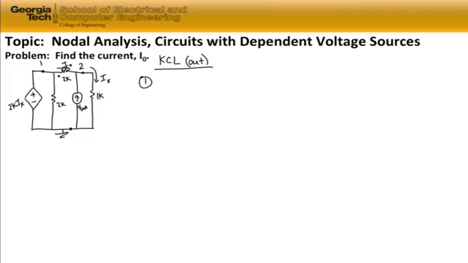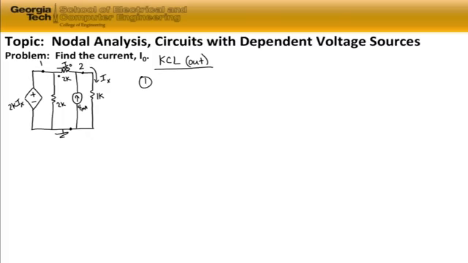So we have these three paths for current into node 1. But we know with nodal analysis that what we're really after is the nodal voltages. So in this problem, if we tried to sum the currents into node 1 and we sum the current from the dependent source, we'd be introducing an additional variable.